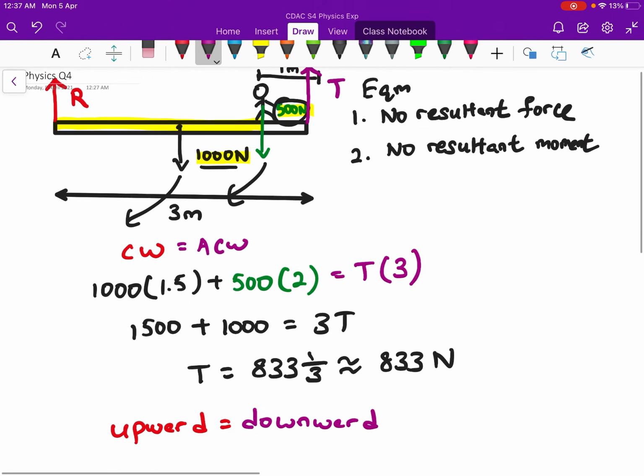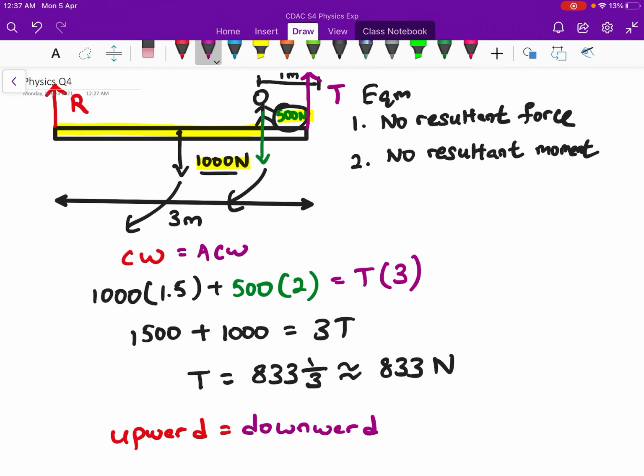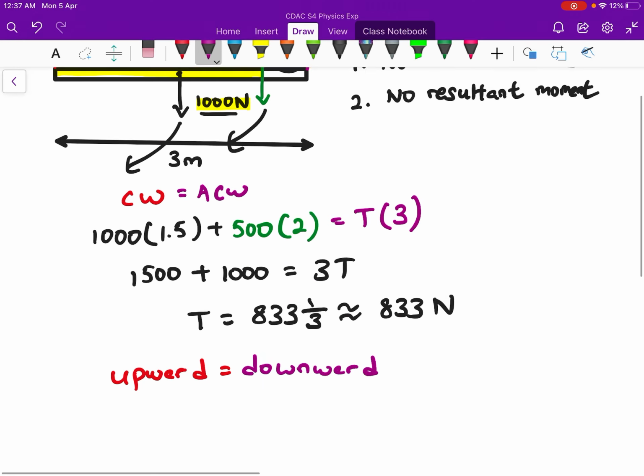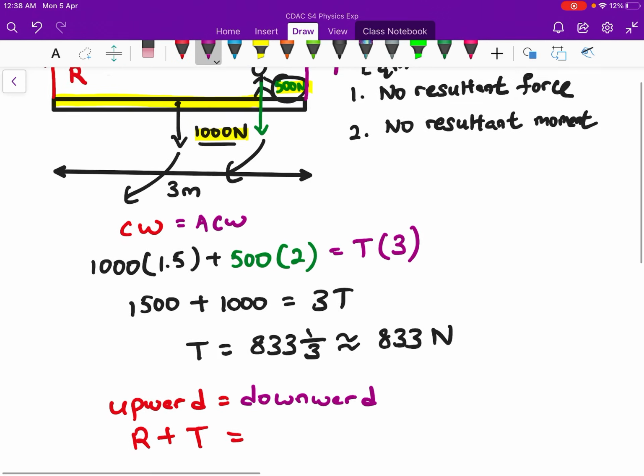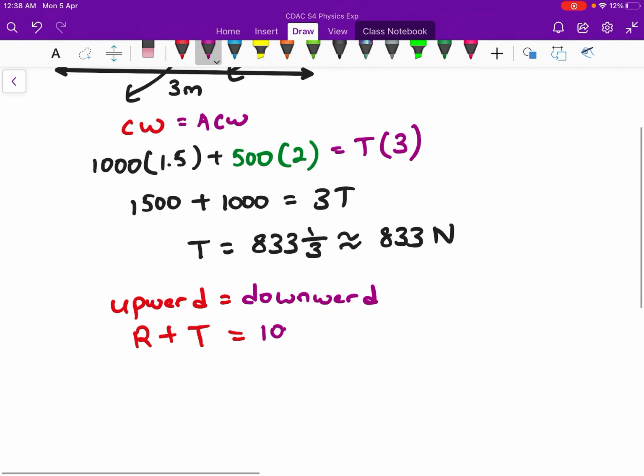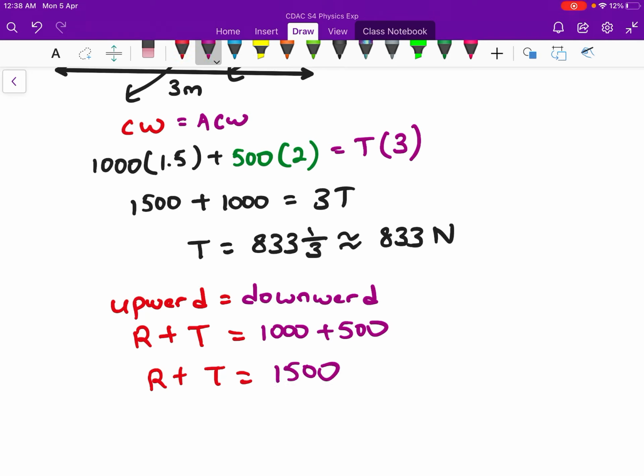So R plus T equals 1000 plus 500, which is 1500.